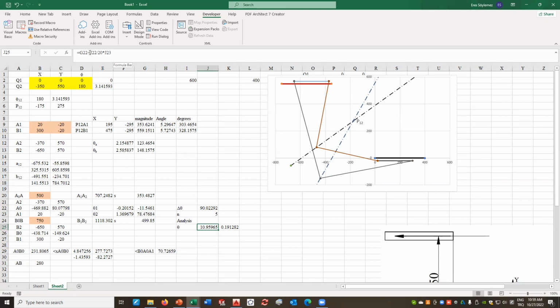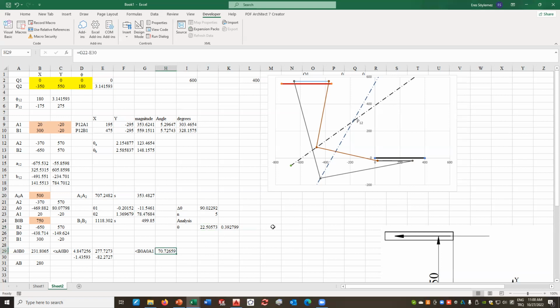Oh no, that angle I have already added, so I have to forget about this. That is the angle from this position. I'm sorry. To that, I have to add this to obtain the location of A0 at that position.